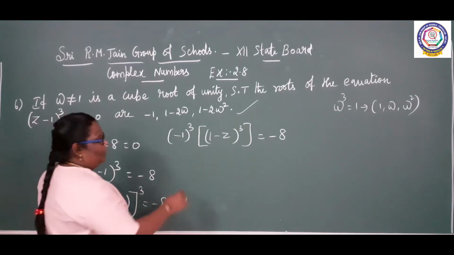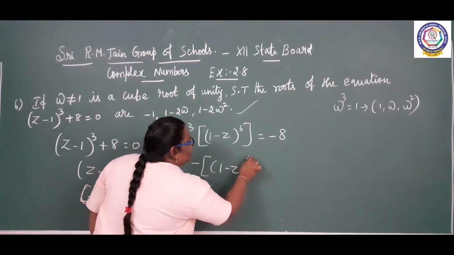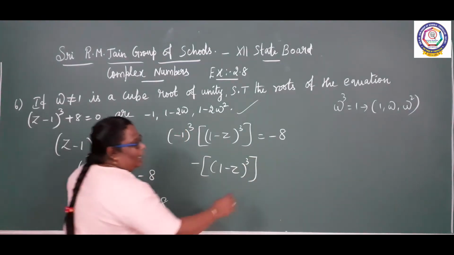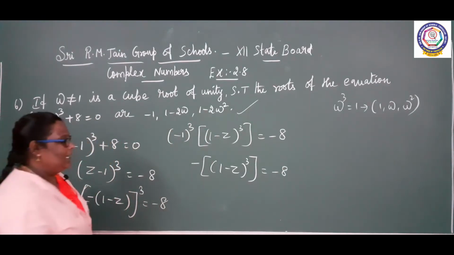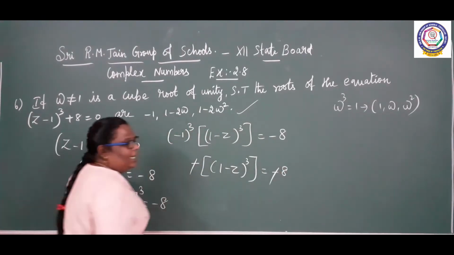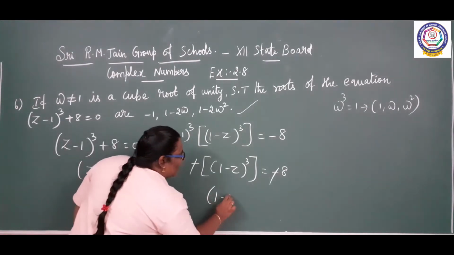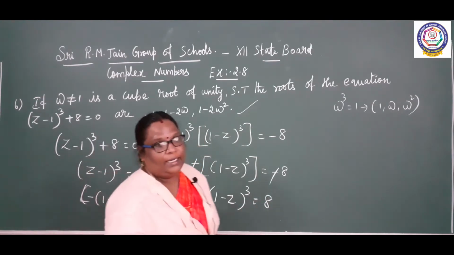Minus 1. So minus of (1 minus z) the whole cube equal to minus 8. Minus gets cancelled. What is the result here? See, (1 minus z) the whole cube equal to 8.